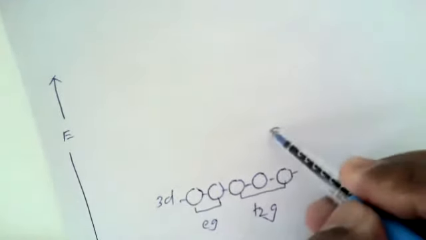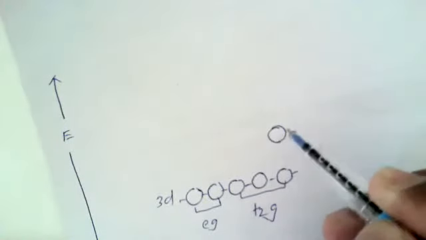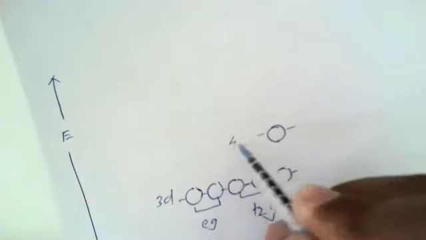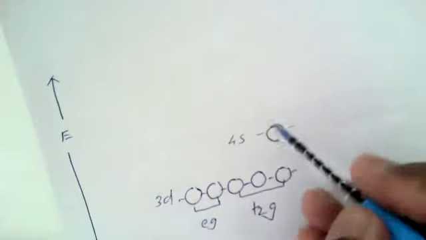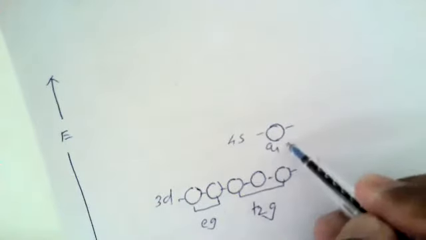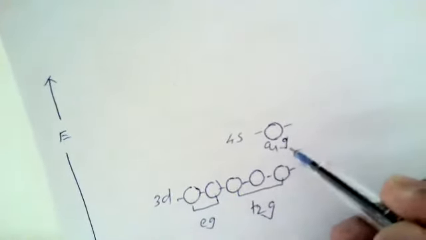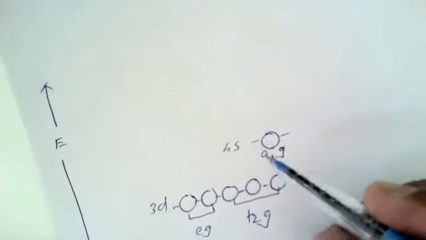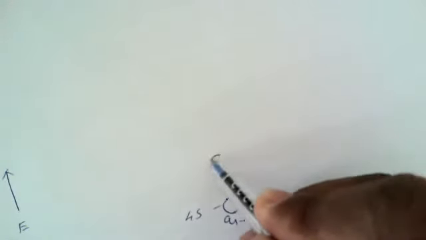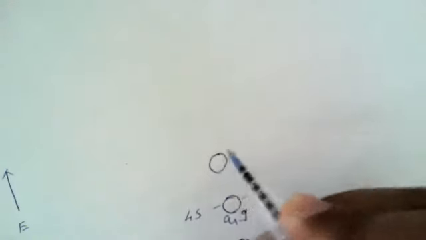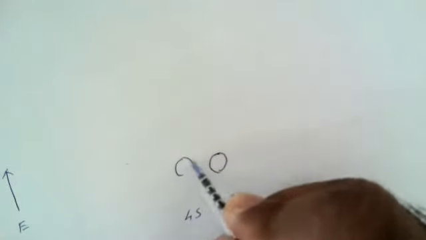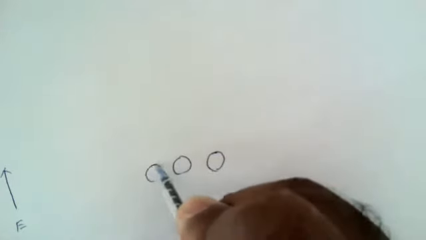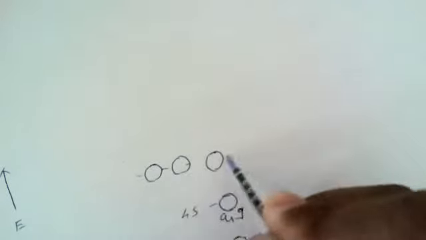Then the next higher energy level orbital available after 3d is 4s. According to molecular orbital theory, this is designated as a1g, non-degenerate, totally symmetric, that is a spherically symmetrical orbital, a single orbital. It is non-degenerate because it is only one orbital, and the letter small a is used for a non-degenerate orbital.